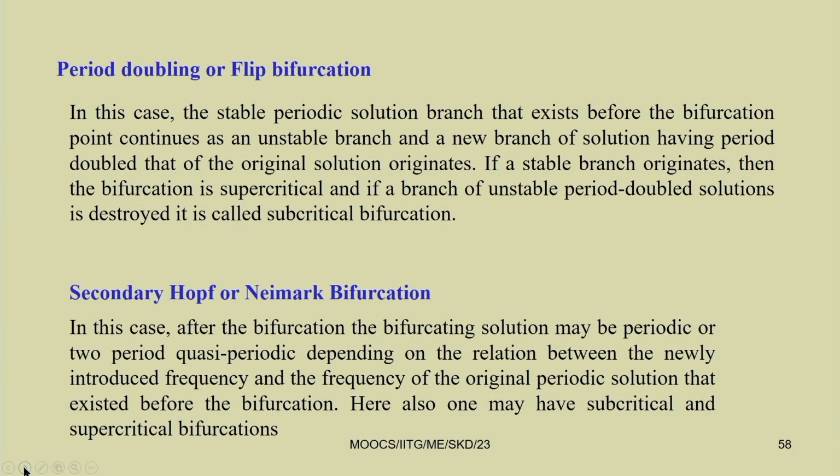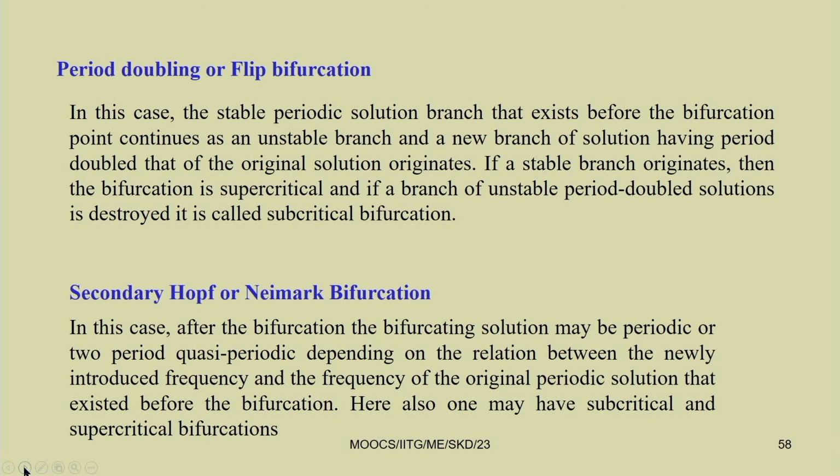With further change in the system parameter, period doubling generally undergoes another period doubling. So, one can get 4 period, then 8 period, then 16 period, and that leads to the period doubling route to chaos.